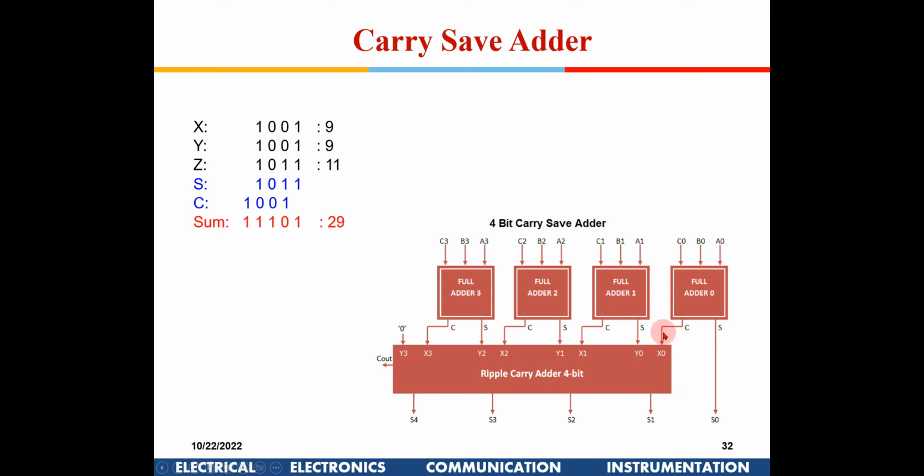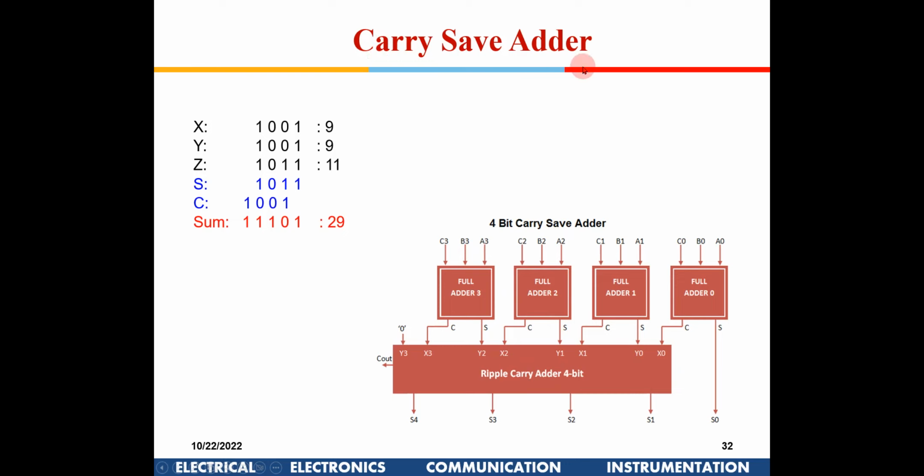All these outputs will be available after 2 gate delays, and then this is a ripple carry adder, so it will be 4 into 2, 8, plus another 2, only 10. Otherwise this would have been 8 into 2, 16, right? So you find this is much better. It needs a little bit of extra hardware, one full set of adders, but it is much faster than the previous option available.